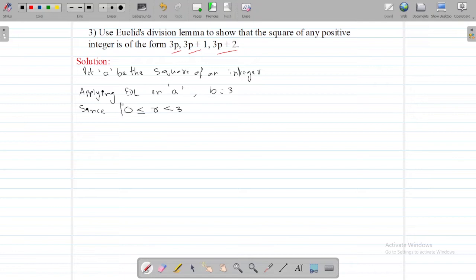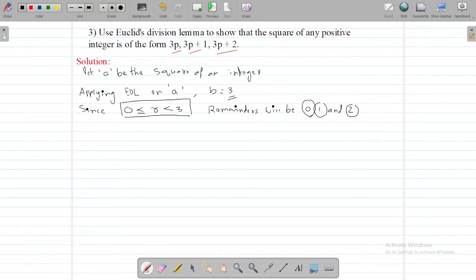So this is our condition. When you satisfy this condition, the remainders will be 0, 1 and 2. Here you have to remember one thing: as the value of b is 3, we'll have the remainders 0, 1 and 2, that is one number less than 3.